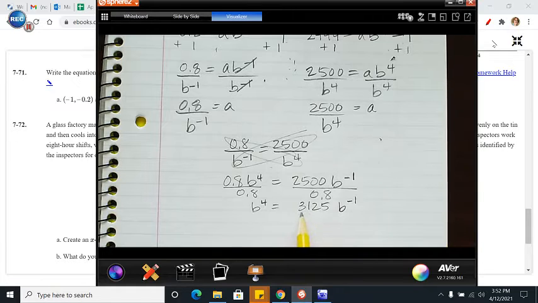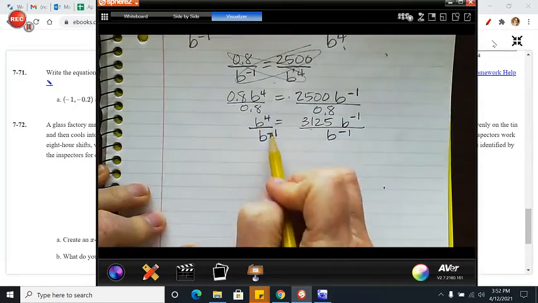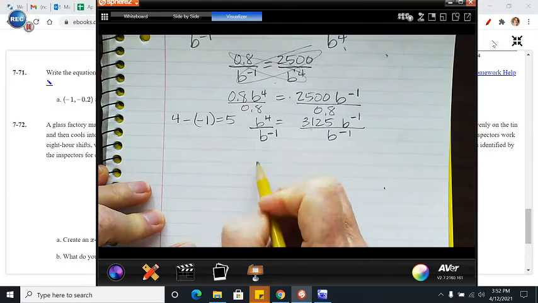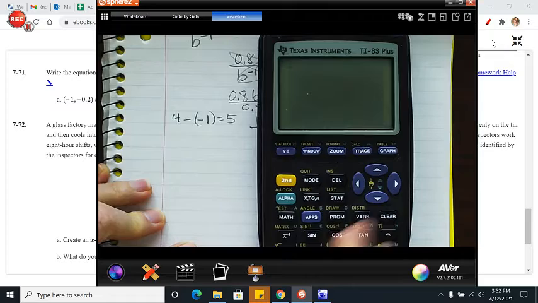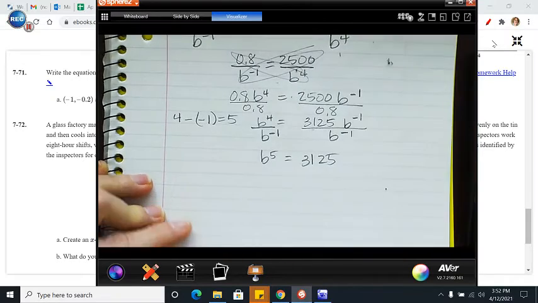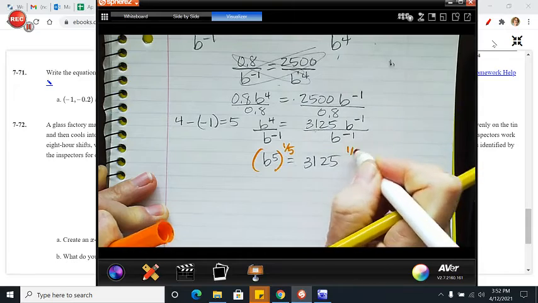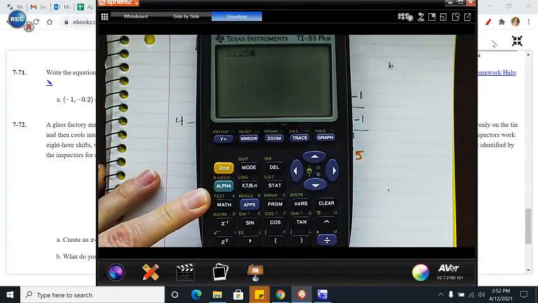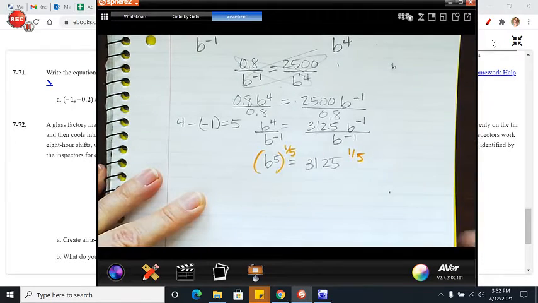Then I'm going to divide both sides by b to the negative 1. So when you're dividing powers, you subtract. So 4 minus negative 1 is 5. So then this is b to the 5th equals 3125. And then I'm going to just take the 5th root of each side. And that is 5.